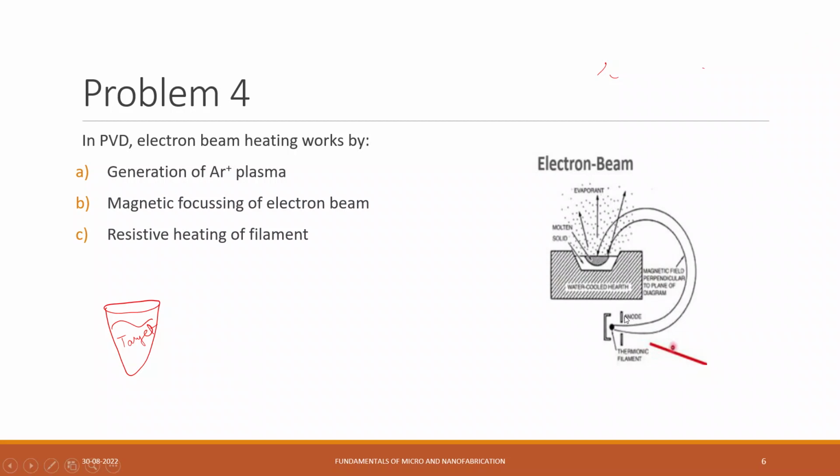We will have a coil of resistor, and current will flow through this high resistance wire, and it will produce heat. So this is resistive heating.